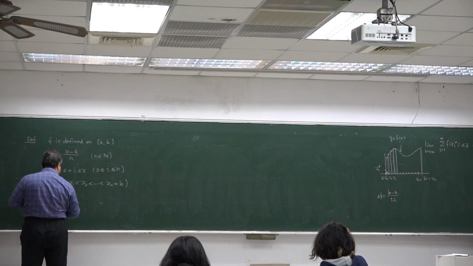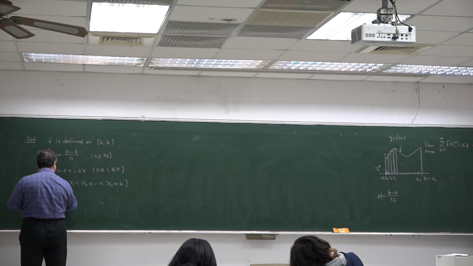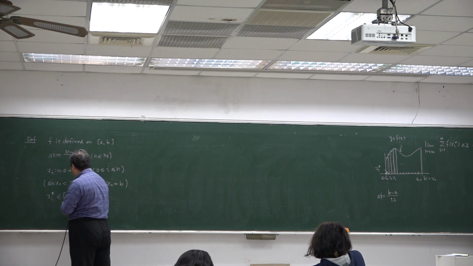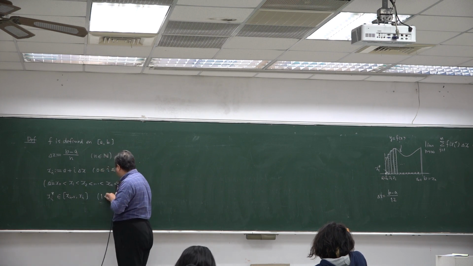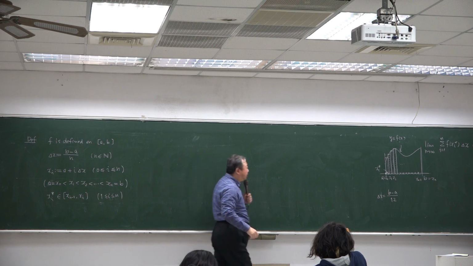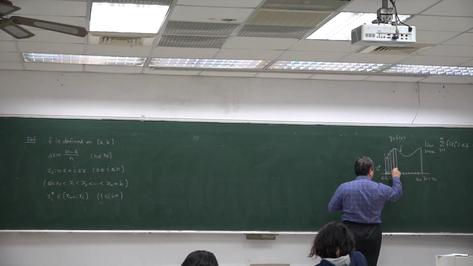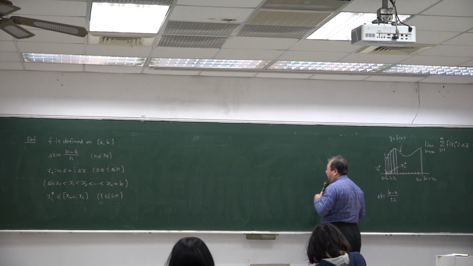Also, we choose some sample points. The ith sample point from the ith interval. Okay, so x1 star, x2 star, x3 star, and so on. Arbitrary.